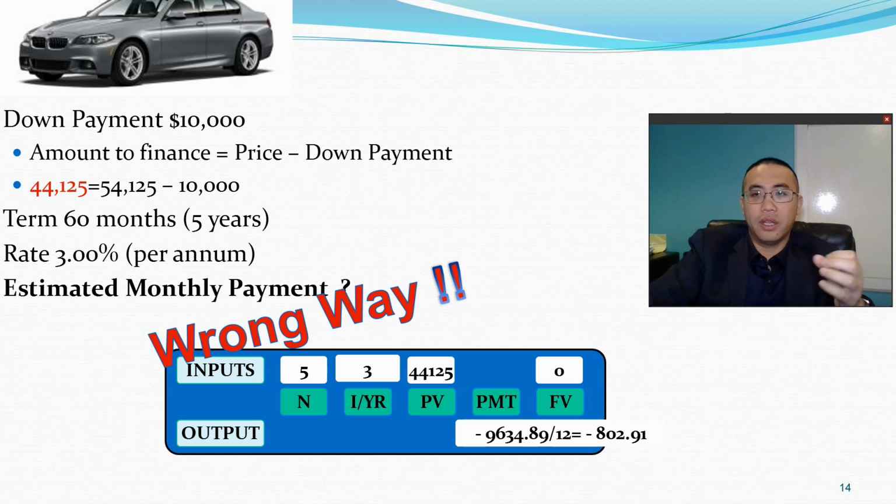Okay, the value in terms of present value is different. So $800 in January is different from $800 in December. So we cannot treat them as the same. So you cannot simply divide the annual number by 12 to get the monthly payment. That's fundamentally wrong. But what you can do is divide the annual rate by 12 to get the monthly rate, and then from that point calculate the monthly payment.